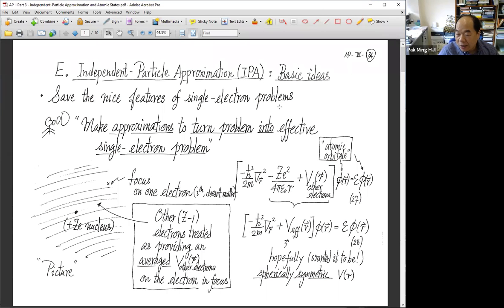let me summarize this idea and then what it does to our understanding of atoms. So we discussed rather lengthily the idea of reducing the many electron problem, turning the many electron problem into effective single electron problems.